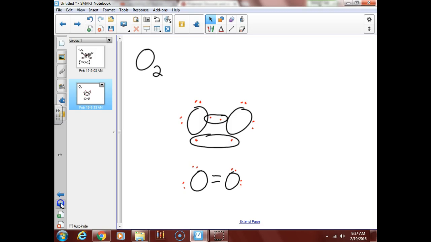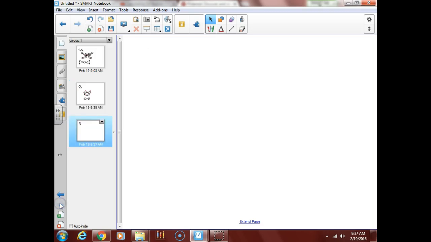And this is the structural formula for O2. Any questions on that one? All right. Let me do one more with you all. Let's graduate to a triple bond. Let's do C2H2, the one I kept trying to do earlier.